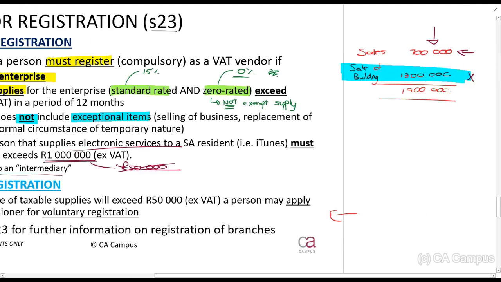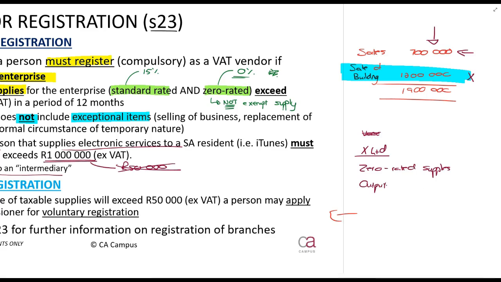Another good reason is, let's say you are X Limited, and X Limited makes zero rated supplies. This is just a quick side note. That means their output tax will always be nil. Why? Because let's say they sell something for 100 rands, it'll be times 0%, so it'll be nil.